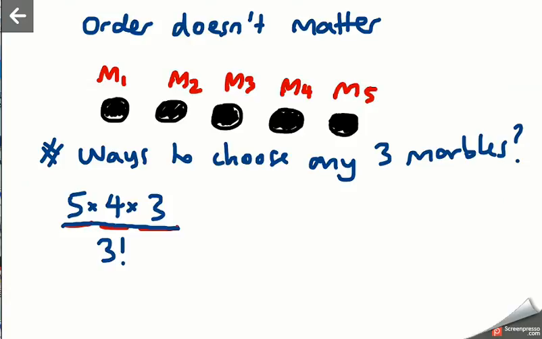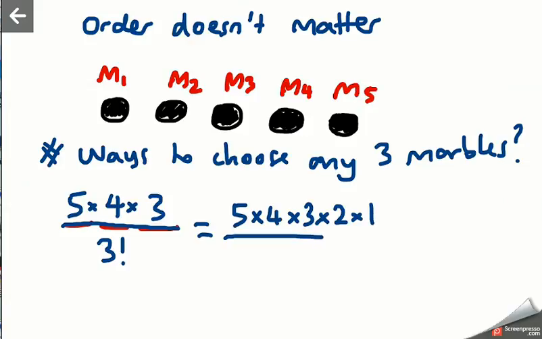Okay, well, just by observation, 5 times 4 times 3 is equal to 5 times 4 times 3 times 2 times 1 divided by, and we still have 3 factorial on the bottom. That hasn't changed. But we want to cancel out this 2 and this 1.